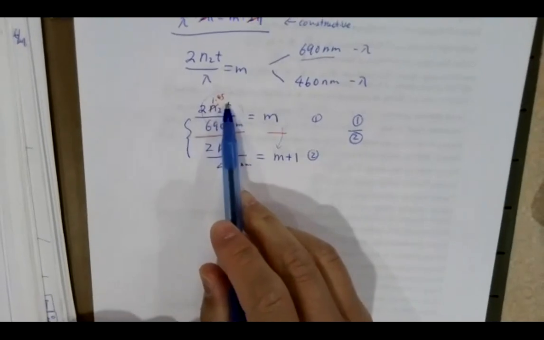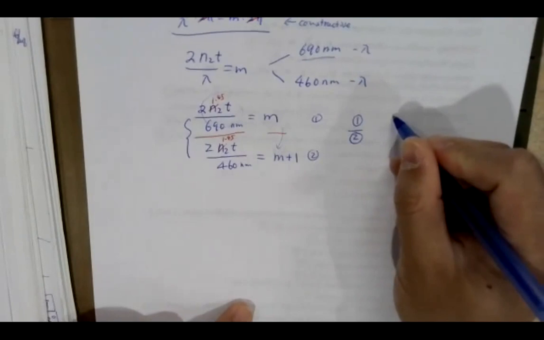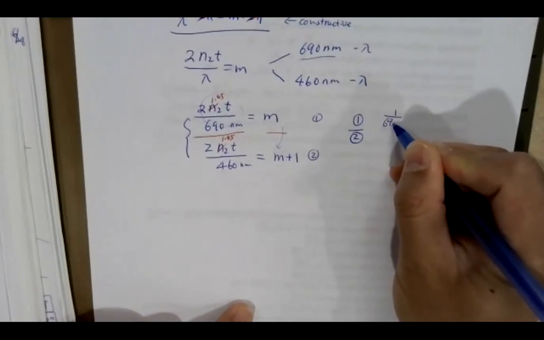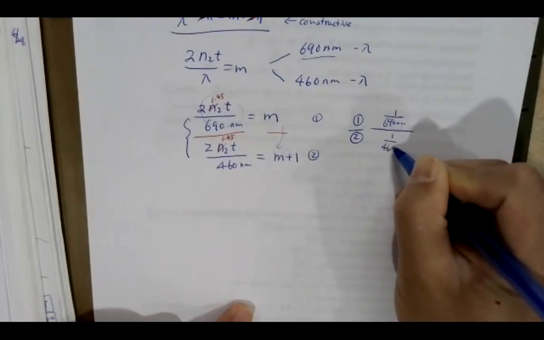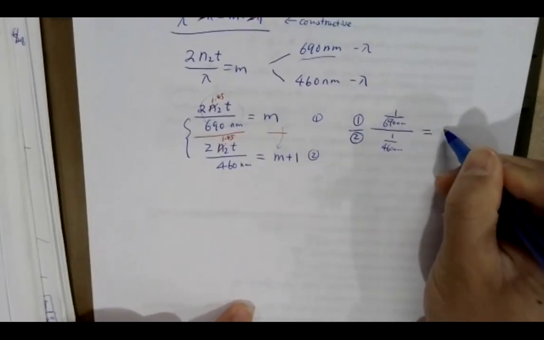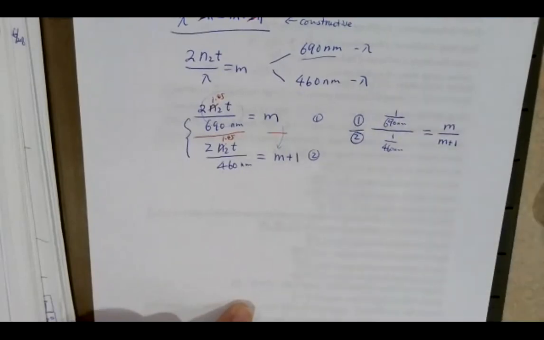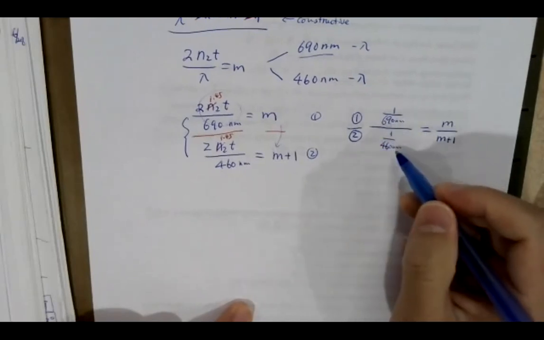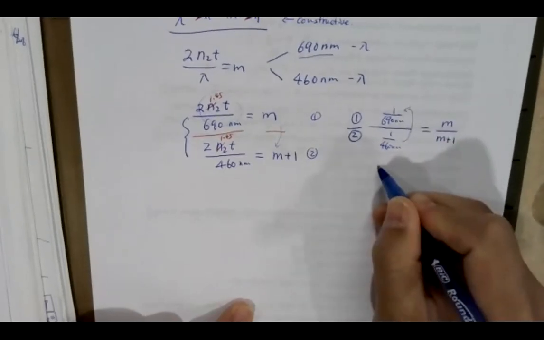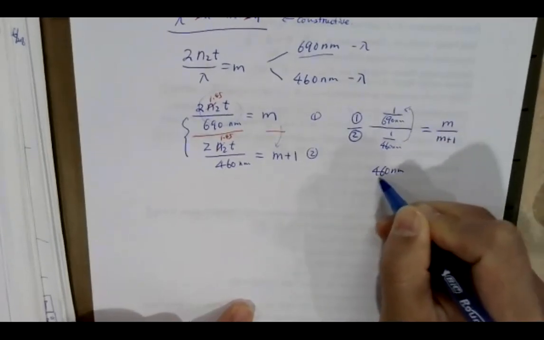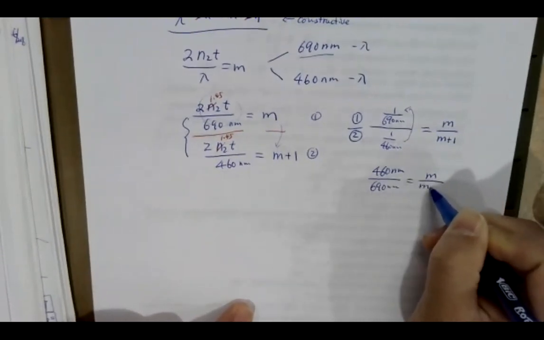2 times 1.45t is the same, so that will cancel out. So I would only have 1 over 690 nanometers divided by 1 over 460 nanometers, which equals m divided by m plus 1. Now on this side, I can rearrange the terms. The denominator will go up. So it becomes 460 nanometers over 690 nanometers equals m divided by m plus 1.